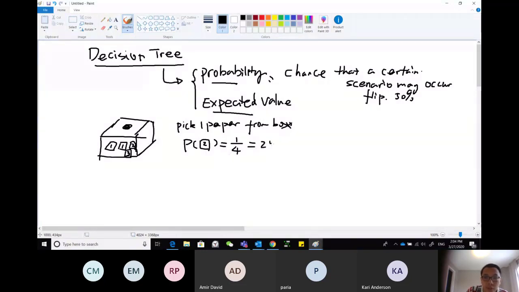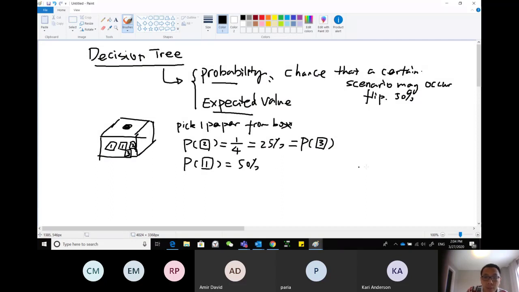So that's 25% of the chance, right? That's also equal to the probability of getting a piece of paper with a number 3 on it, right? And since we have 2 pieces of paper with a number 1, the probability for the piece of paper for 1 will be 50% of the chance, right?